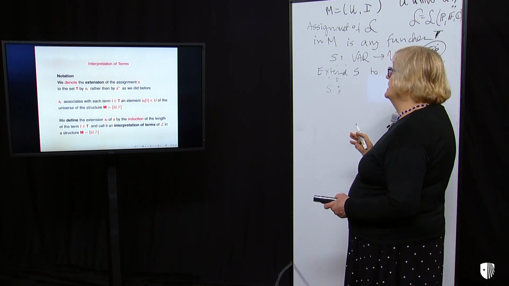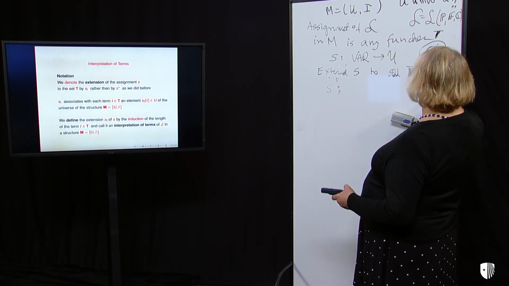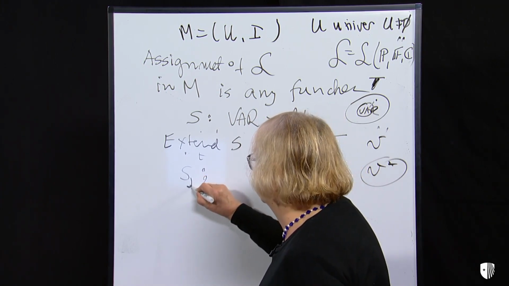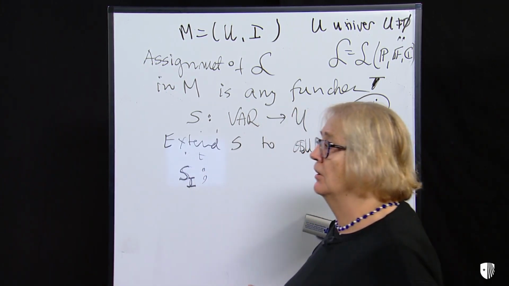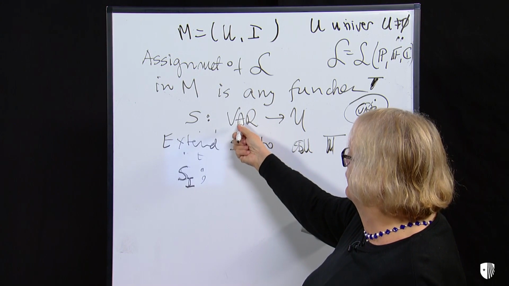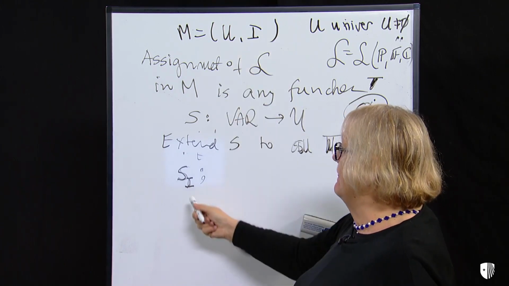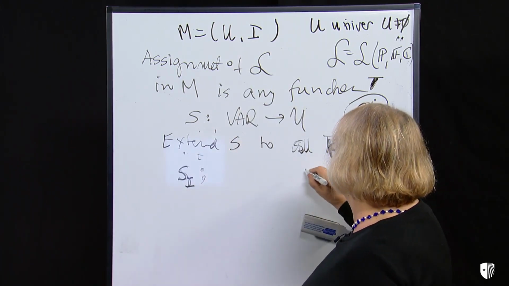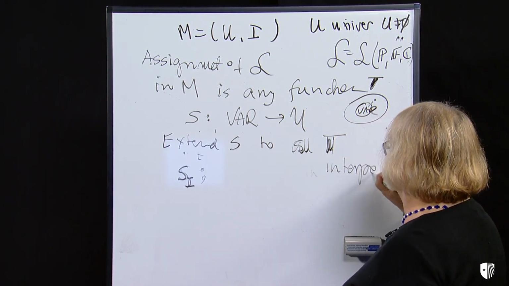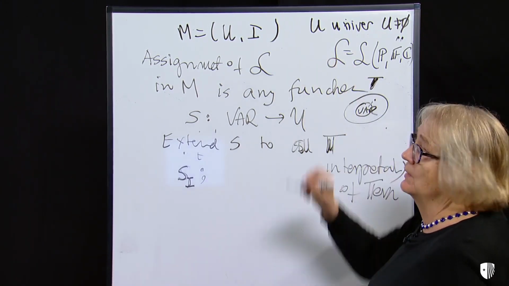Also, we use the symbol V and V star for extension. This extension I denote as I, because here is an interpretation of variables in M, and now this extension would be interpretation of terms in our structure.